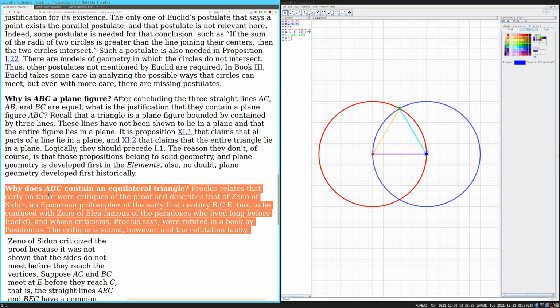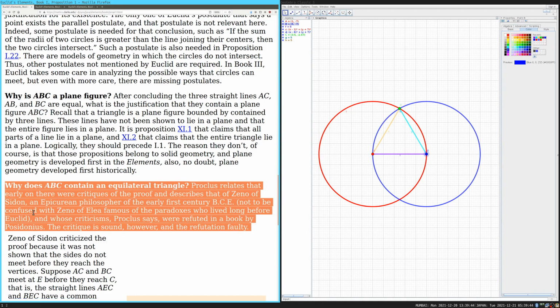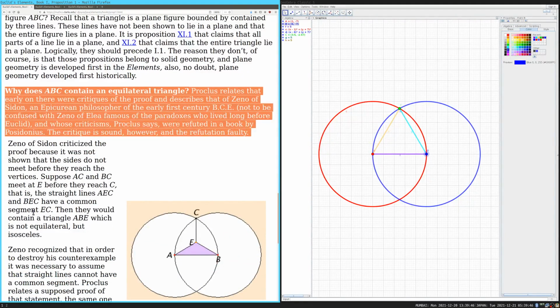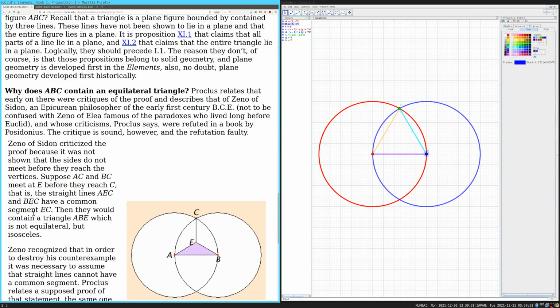Zeno of Sidon, which is different from Zeno's paradox, criticized the proof because it was not shown that the sides do not meet before they reach the vertex. Right. Ooh, that's interesting. Okay.